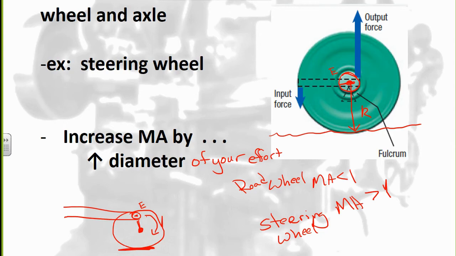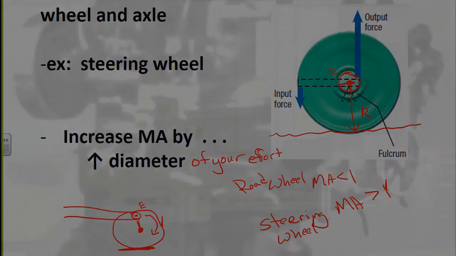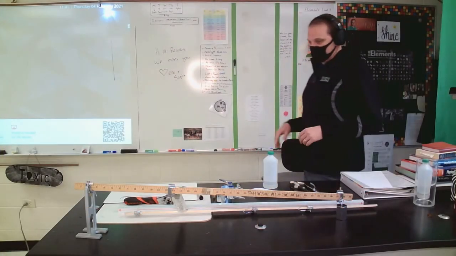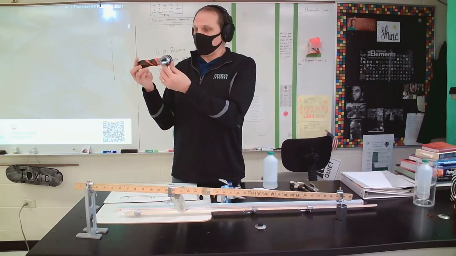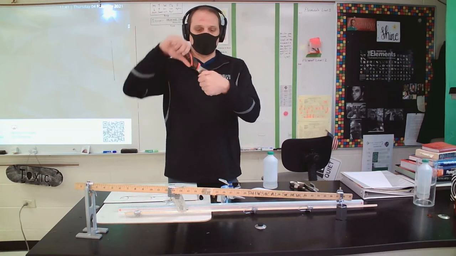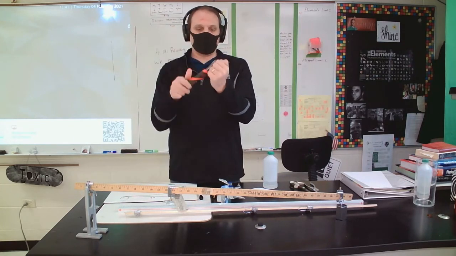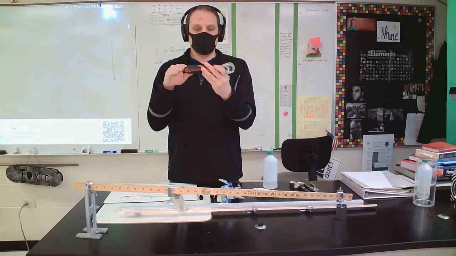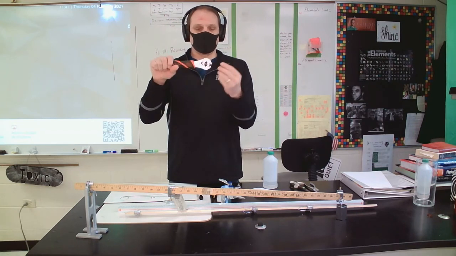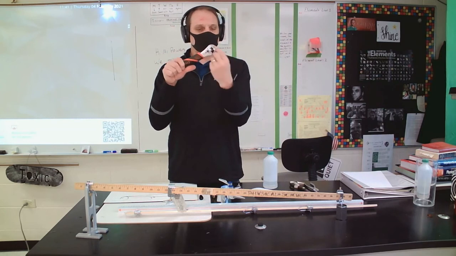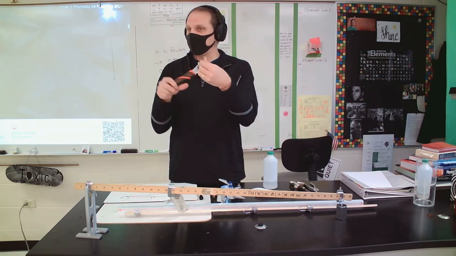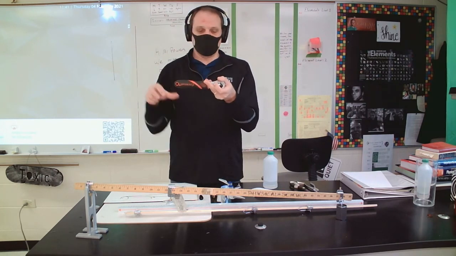Now, let's look at a typical example that we'd see in our everyday life of a wheel and axle, and that would be like a wrench, okay? If we have a wrench, you're turning that wrench, right? And what's happening is you are applying an effort over a long distance, and that bolt or that nut is applying a resistance, and it's going to be a small little diameter resistance, but it's going to be a long diameter of that pull.